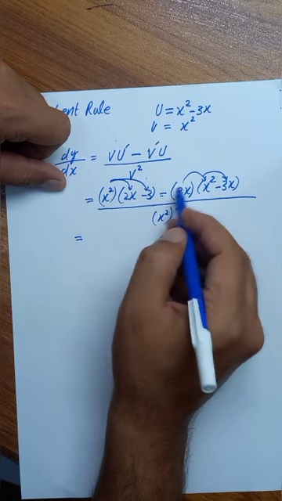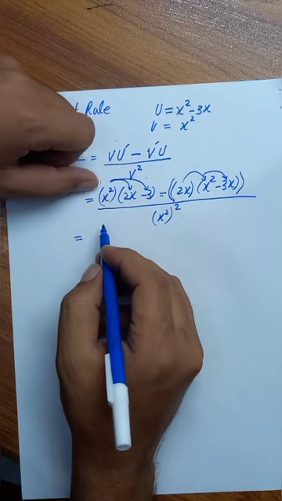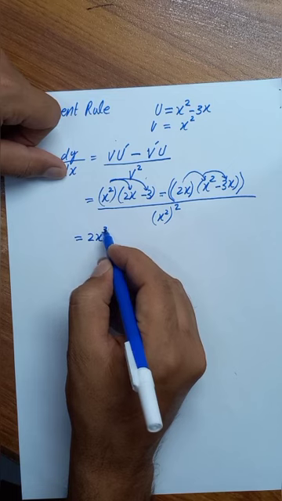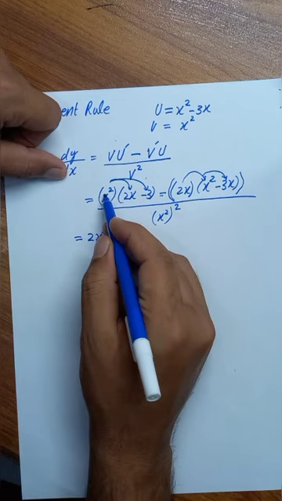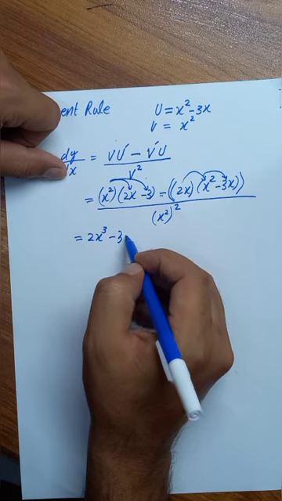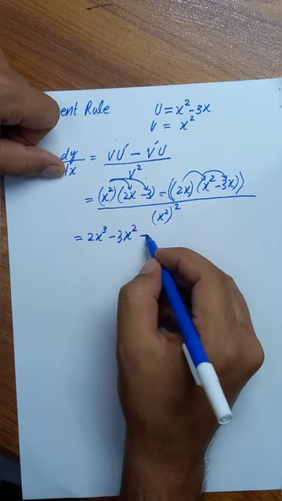The minus symbol will be multiplying throughout. It will become 2x cube, and when we multiply this with this, minus 3x square. We have minus here, and we will have brackets.